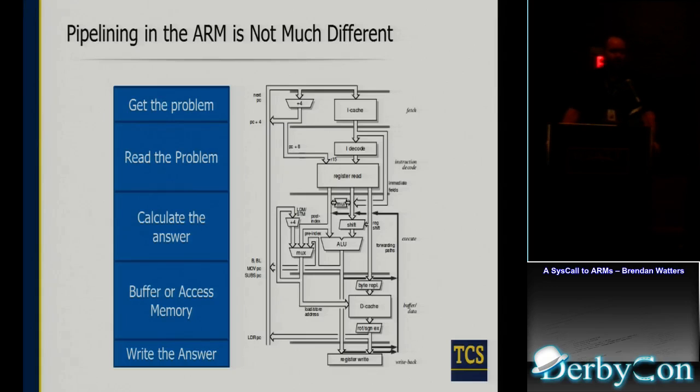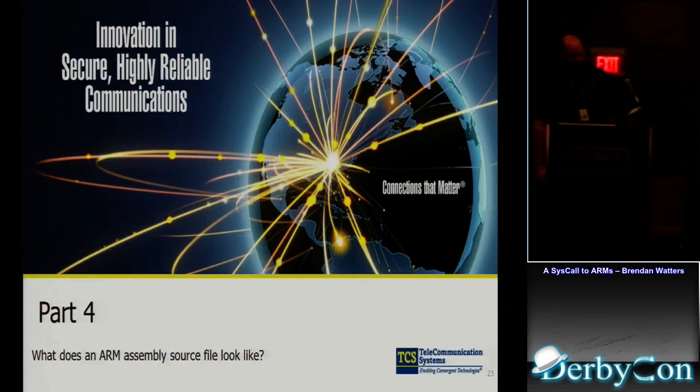In the ARM processors, I think they're up to 9 for some modern ones. This is nothing compared to the charming 32-stage or 26-stage pipeline that you'll find in the Pentium 4s. It's just absolutely absurd.